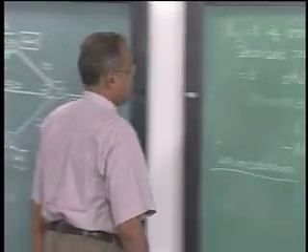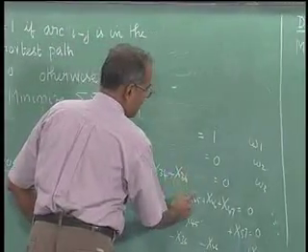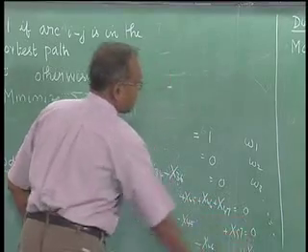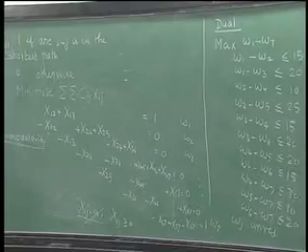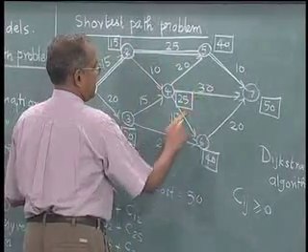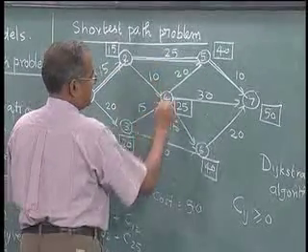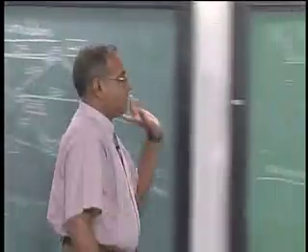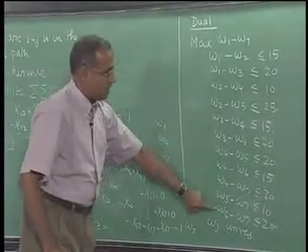The primal has 12 xij variables, which correspond to the 11 arcs in this network.